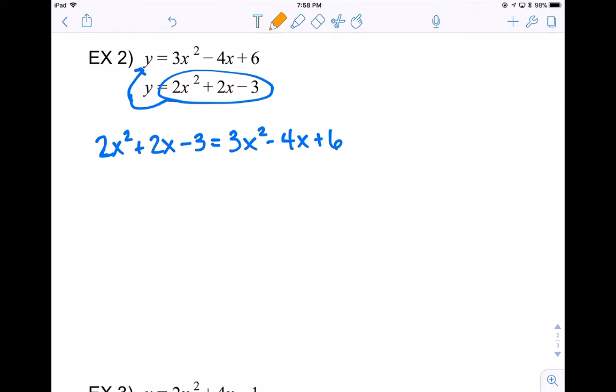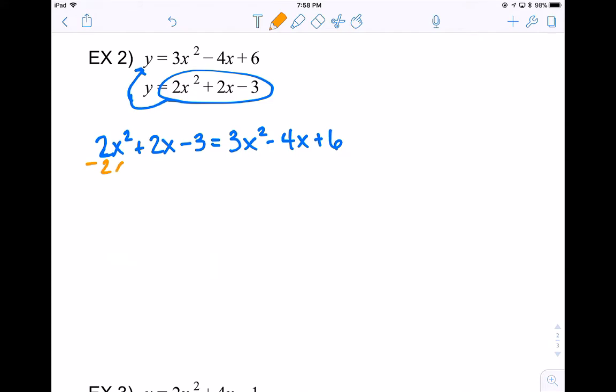Once we have them set equal to each other, we're going to get every term on the same side of the equal sign. It doesn't matter which side you move all those terms to, but I like to keep the squared term positive. So if I want to keep that positive, I know I want to move the 2x squared over to this side because 3 minus 2 is going to give us a positive 1. If we went the other direction, we'd have 2 minus 3, which would give us a negative 1, and that just complicates our factoring process.